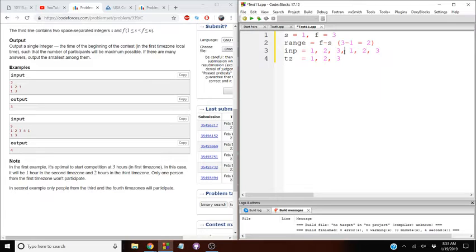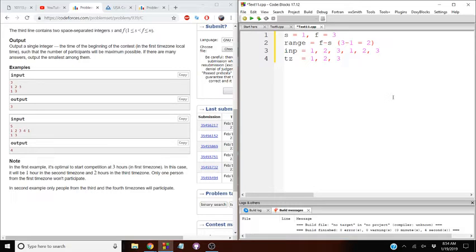This is because when we pick this range, we match up the first two with time zones 1 and 2, and for this range we match up the first two, which is 2 and 3. For this range, we match up the first two, which is 3 and 1. And so our range includes 2 people. So we double our input array, loop through it, and take the maximum of every range of 2 people to get the maximum answer. And we can again use prefix sums to do that.